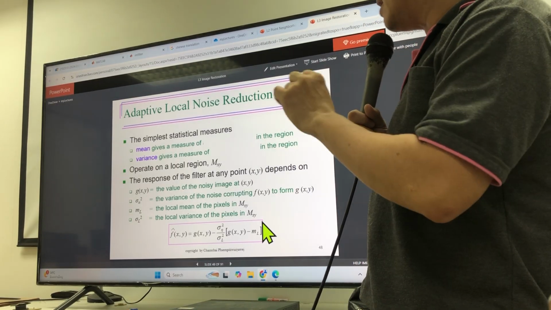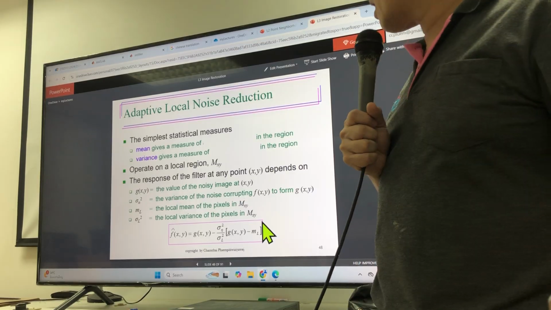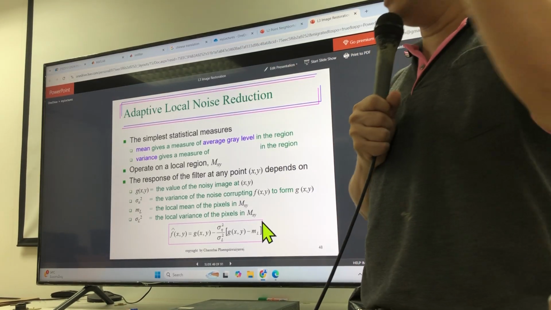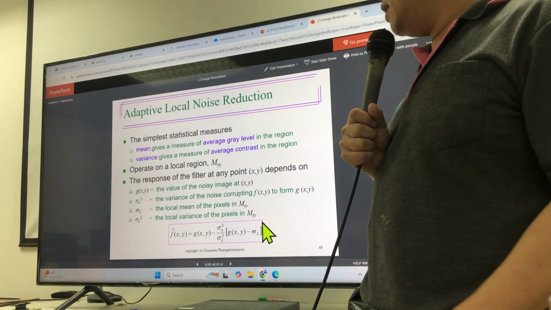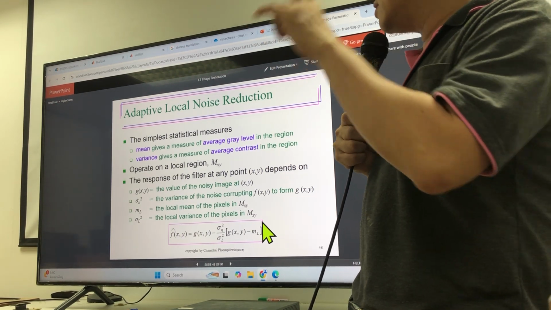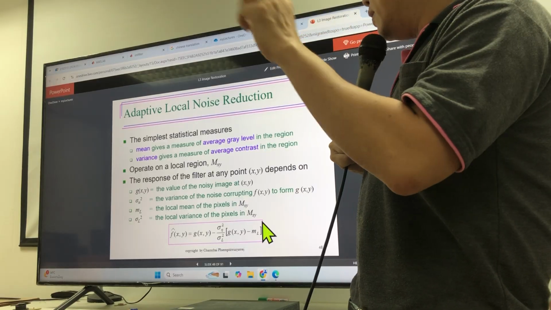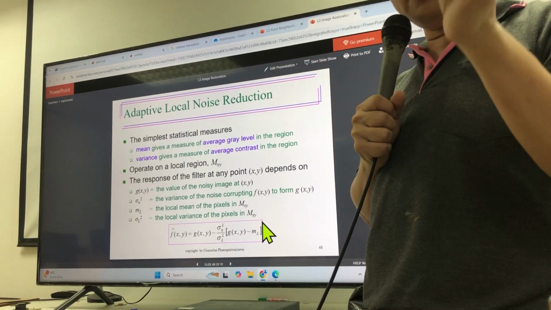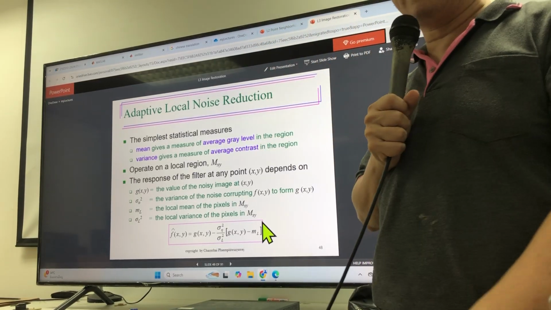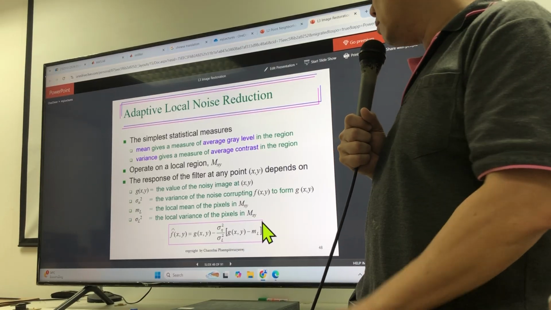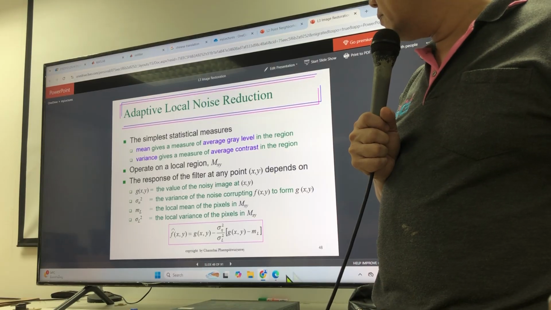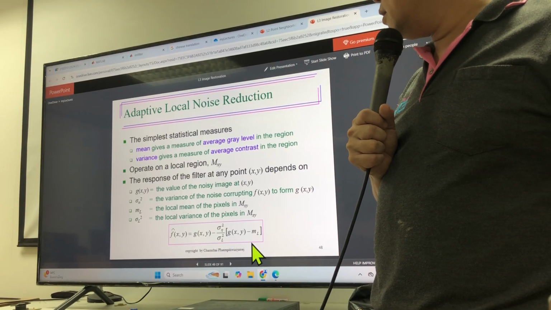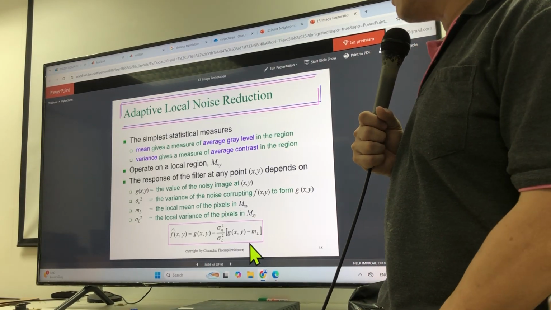They use the fact that the mean measures the average gray level, and the variance could mean noise or the average contrast of the region. So they come up with this formula for adaptive local noise reduction.